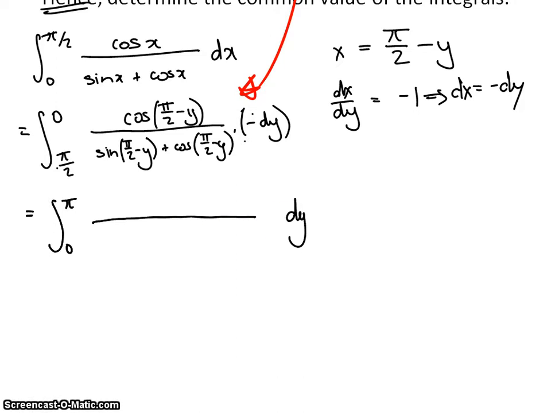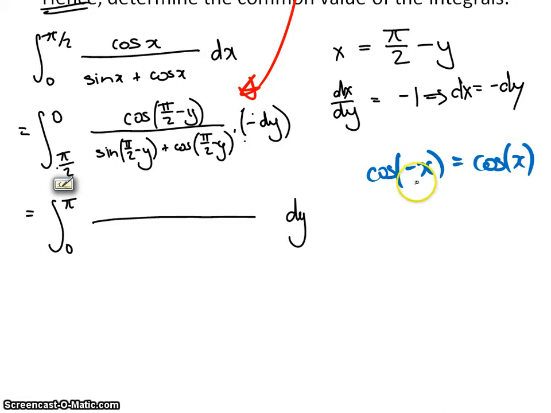To clarify things a little bit more, let's just remember for a moment that if I have cosine of a negative argument, that's the same thing as the cosine of the positive argument.